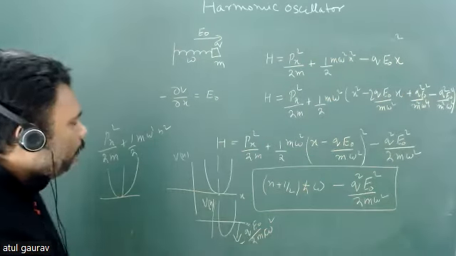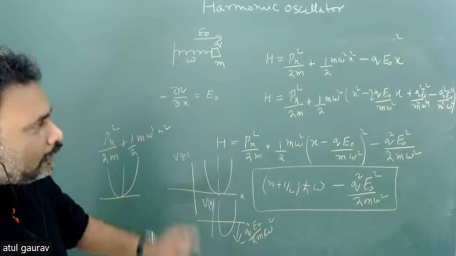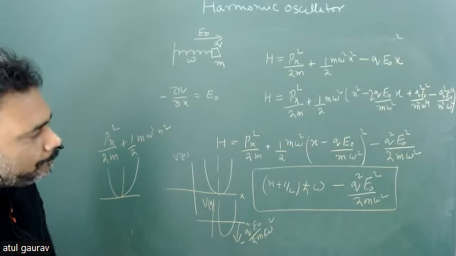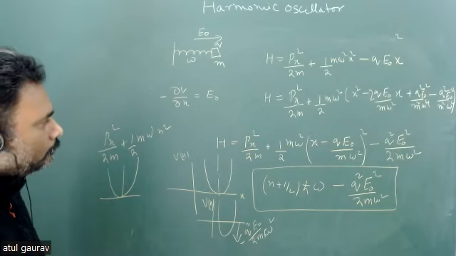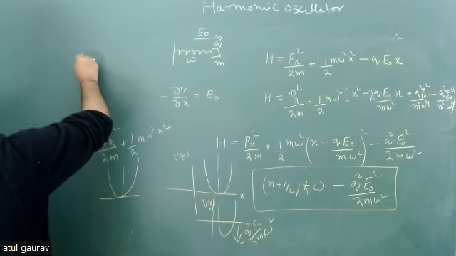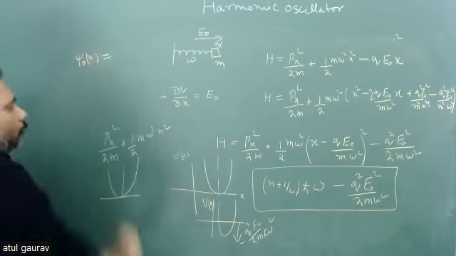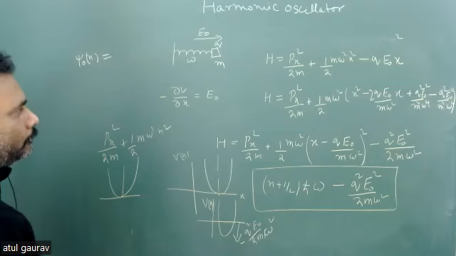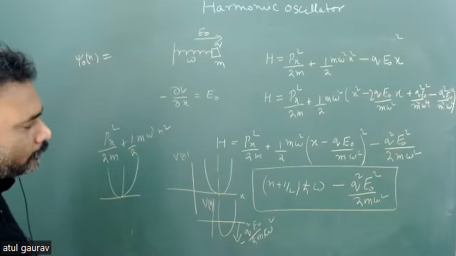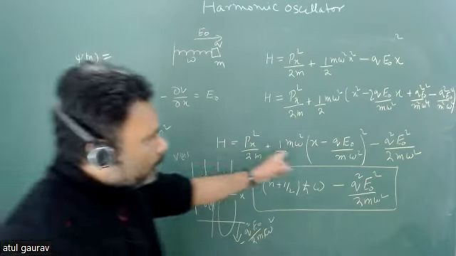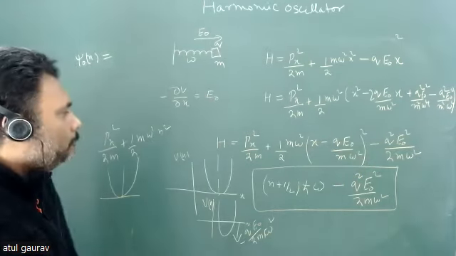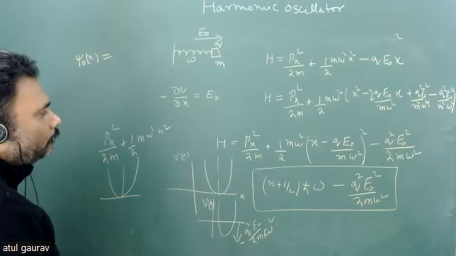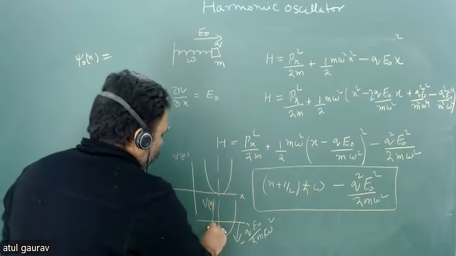So what is your ground state wave function? कोई बता सकते हो क्या होगा ground state wave function? बताओ जरा. What will be psi naught x? Just tell me. अगर ये हमारा पोटेंशियल है, what will be psi naught x? भाई वेव फंक्शन तो ऐसा ही होगा ना?